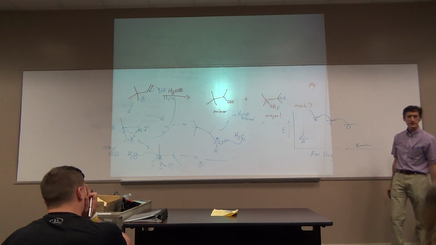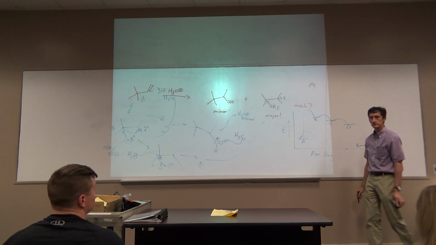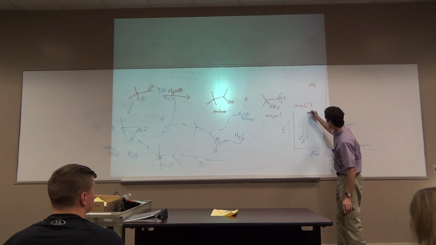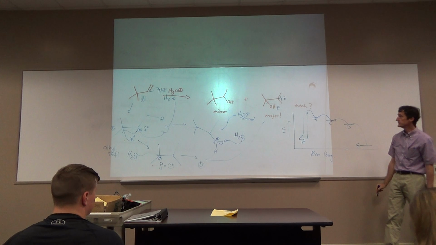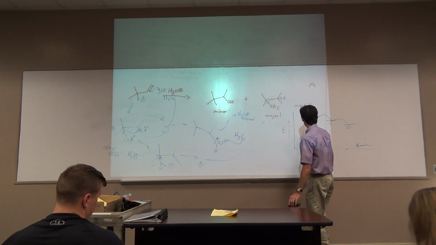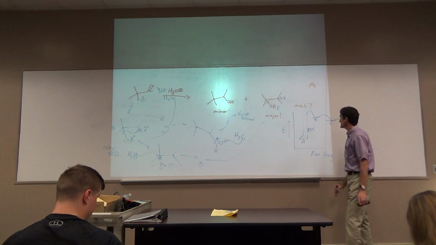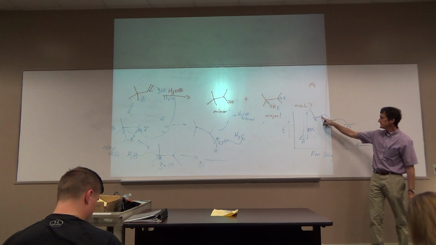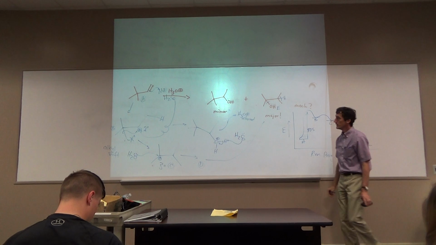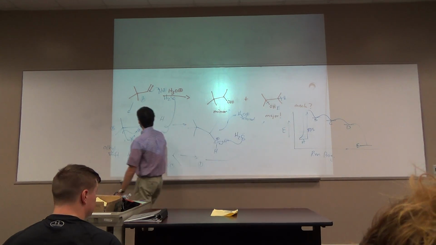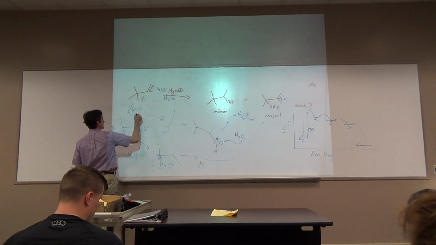What looks like the rate determining step? The first step, forming the carbocation, the initial carbocation. That's the more difficult step with the highest activation energy. From there, the activation energy is kind of easy as you fall downhill. The rate determining step is your formation of your initial carbocation.